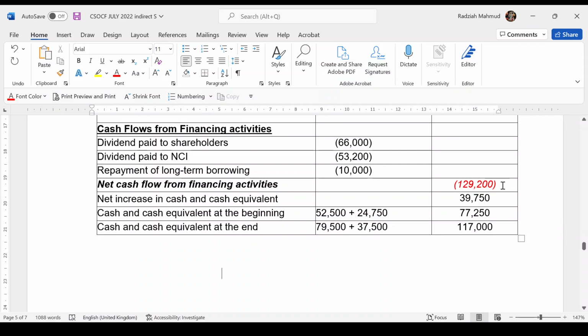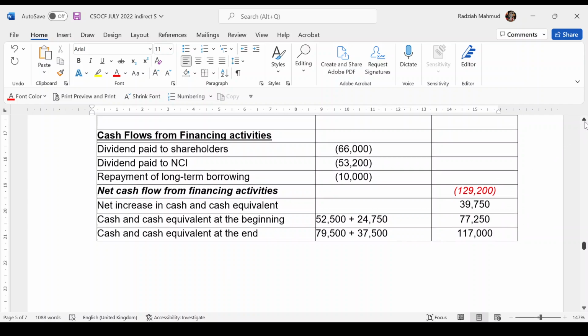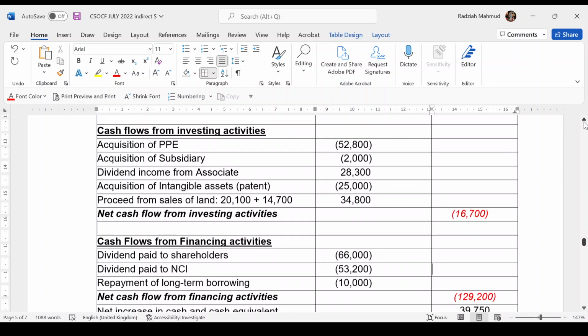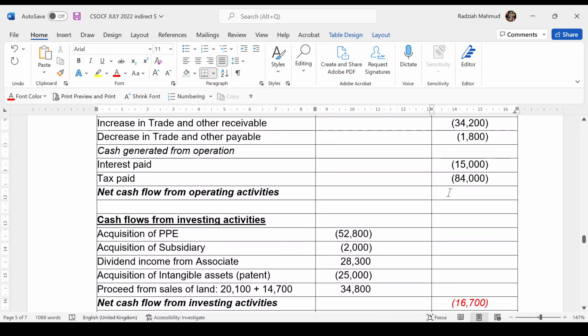First, no marks given, and then we don't use this figure anyway. So you don't have to calculate the net cash flow from operating, net cash flow from financing. Don't waste your time, because no marks given. The one in red is no marks given for that.